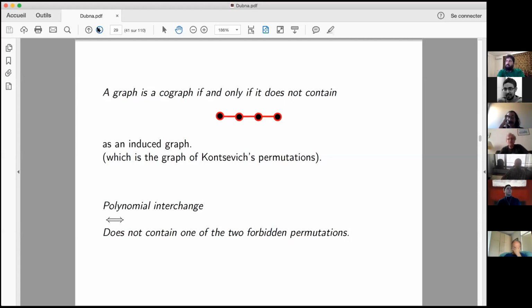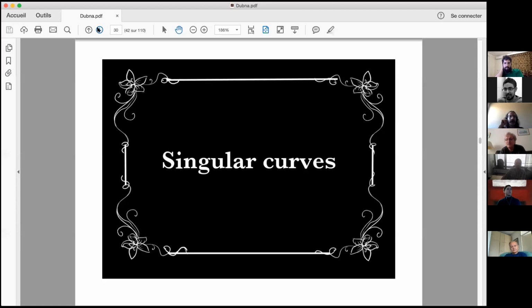Okay, so that's the end of the first part, very elementary facts about polynomials. And now I want to go to the second part, which is dealing with curves.